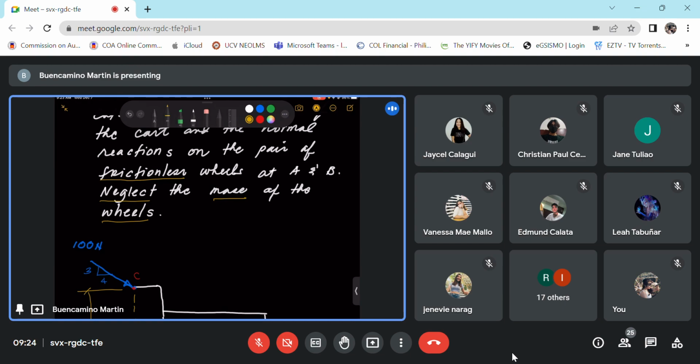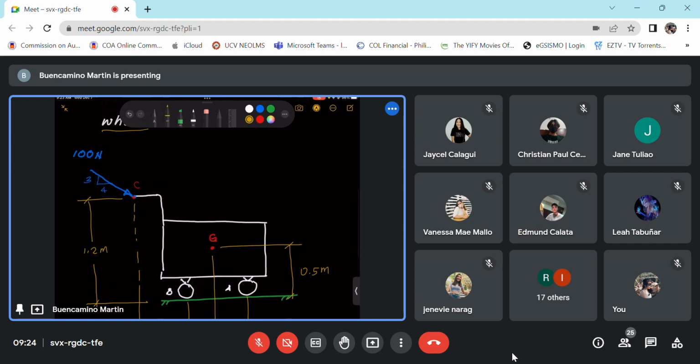Now, this cart is carrying a load of mass 100 kilograms. So yung mass niya is 100 kilograms.